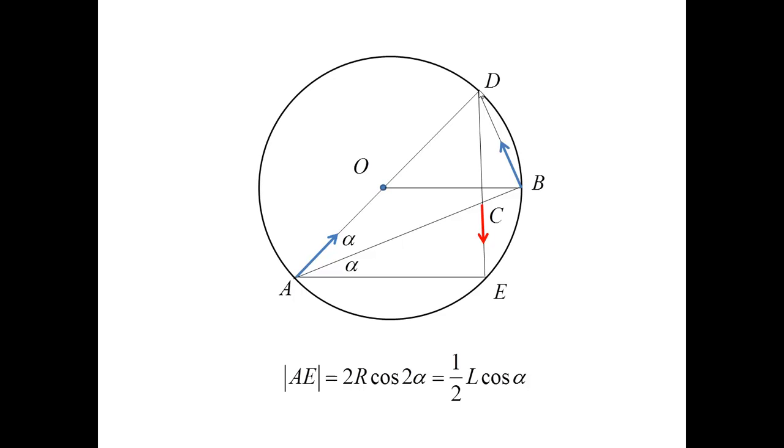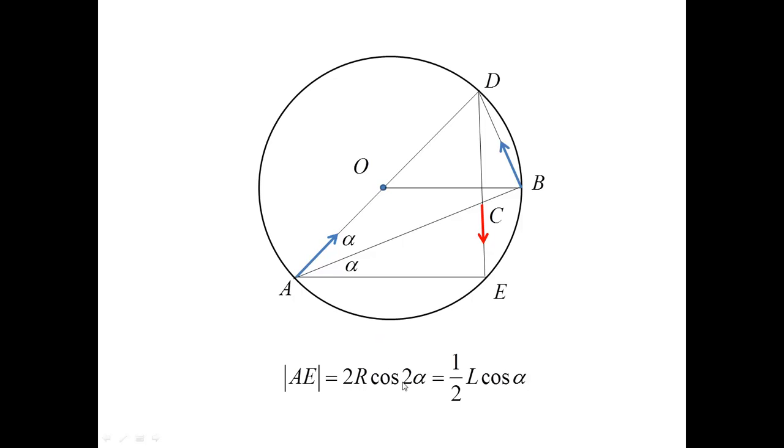Once this is established, I can calculate AE from two triangles. First, I look at the triangle ADE and note that from this triangle AE is equal to 2R cos 2 alpha.